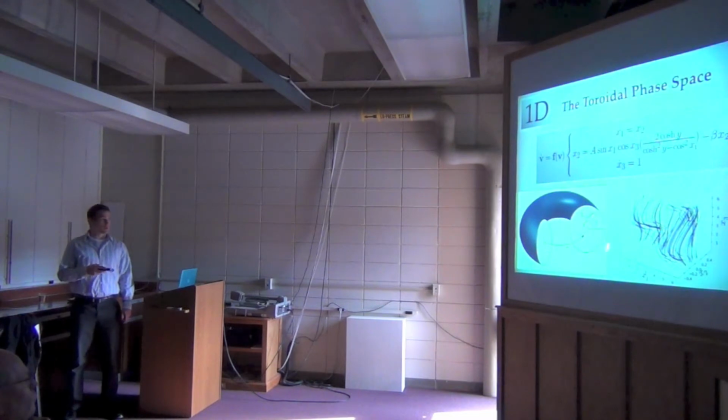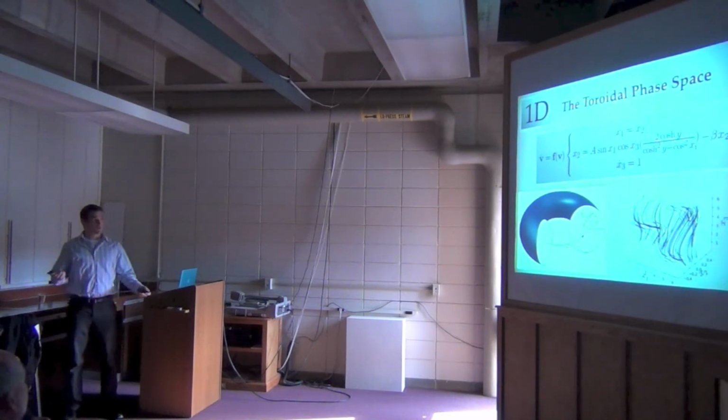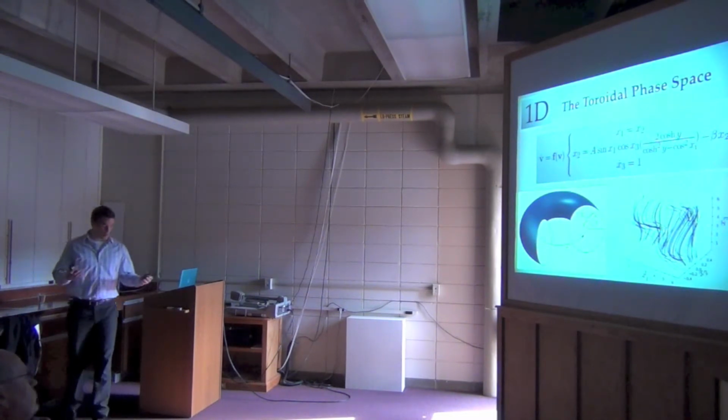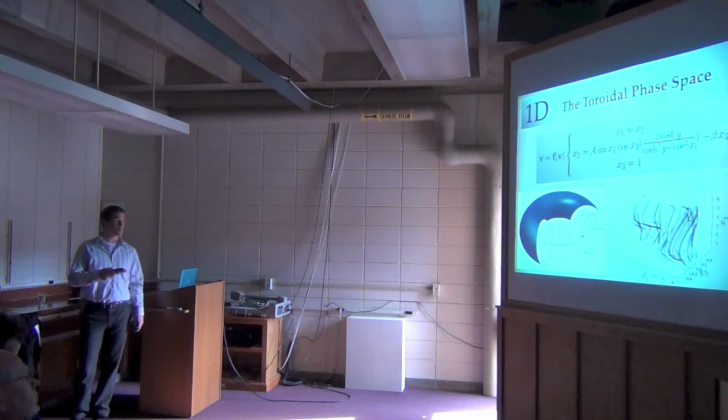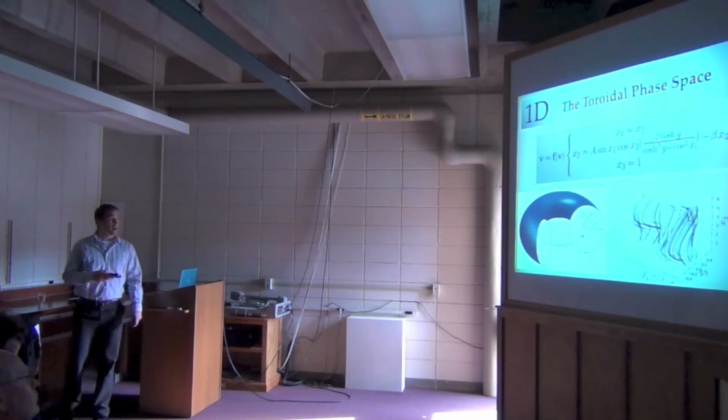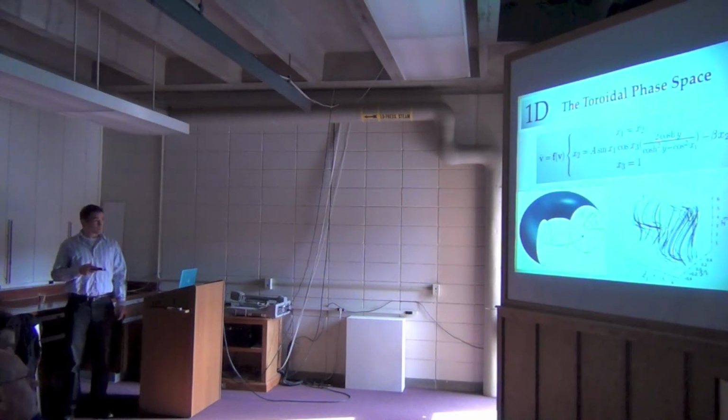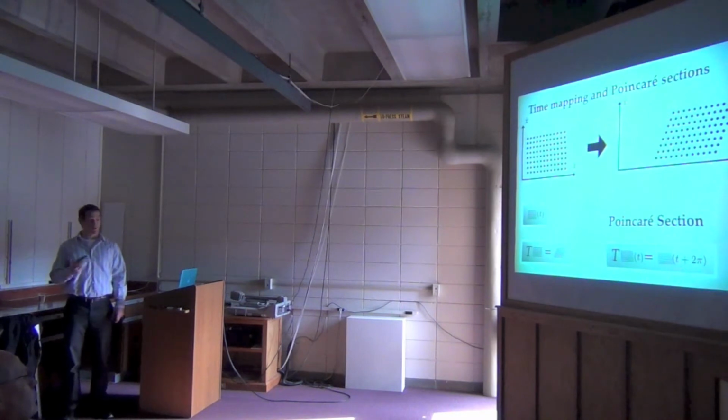essentially just chosen a slice of the phase space. That's one less dimension of the full phase space, and we plot points as a trajectory passes through it. And that's known as a Poincaré section as long as the trajectory passes through in a transverse way.